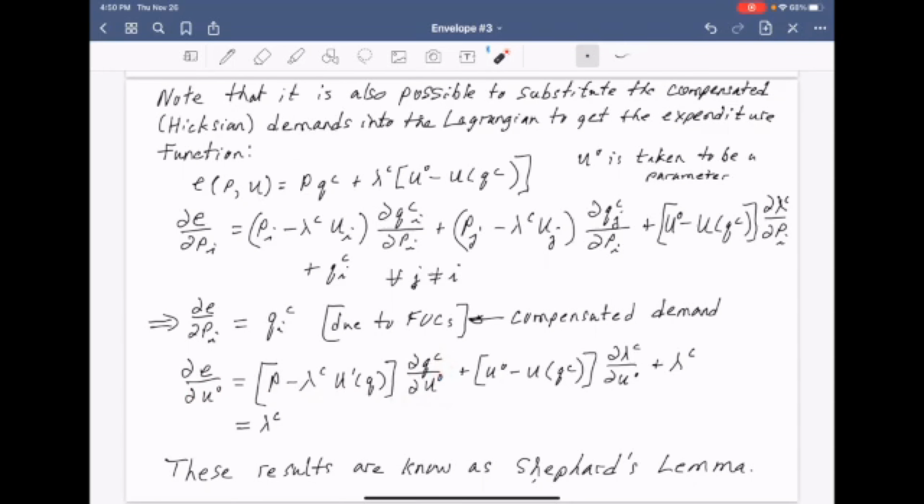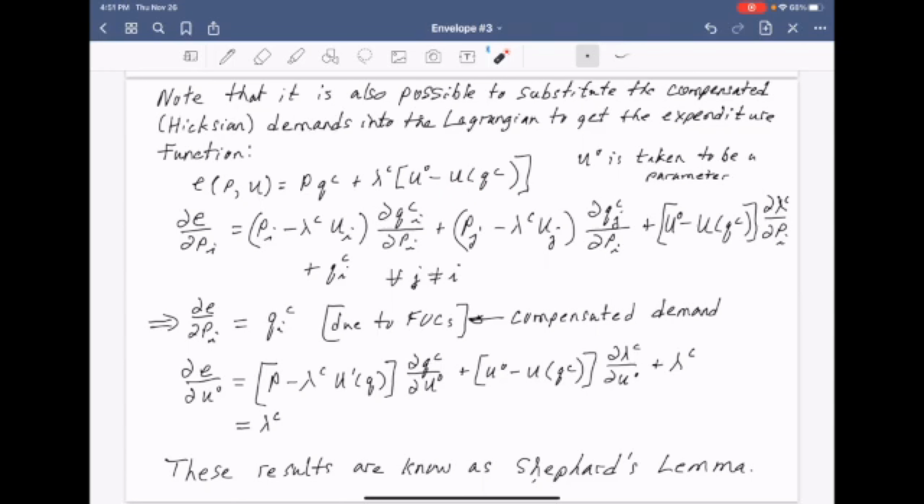We take the derivatives of the Q's, the various Hicksian demands, with respect to this parameter, and we do the same thing for the constraint. Again, we have this result plus this lambda c comes out for the simple reason that we have this multiplied by this here, and we have one derivative of this one. So we have lambda c times u0.